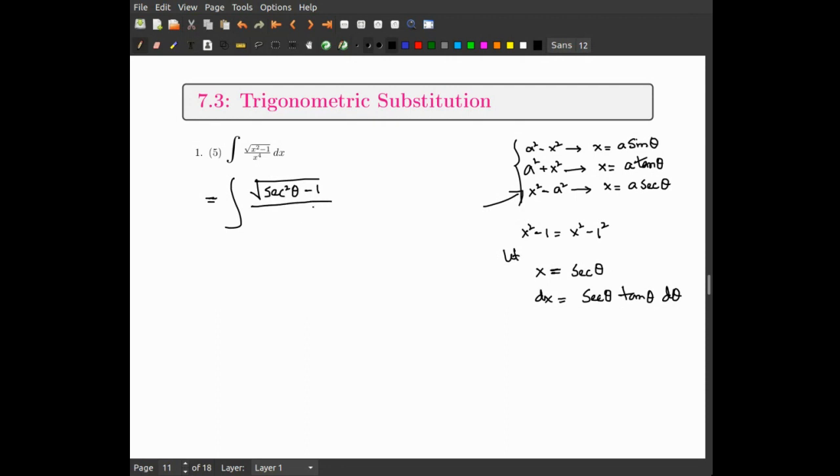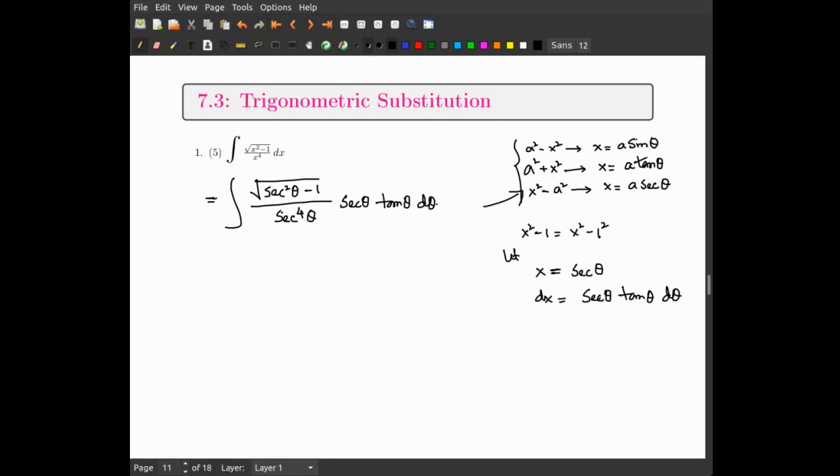And then in the denominator, we have x to the power 4, which will be replaced with secant to the power 4 theta. Good. Now for the dx, we can write secant theta tan theta d theta.